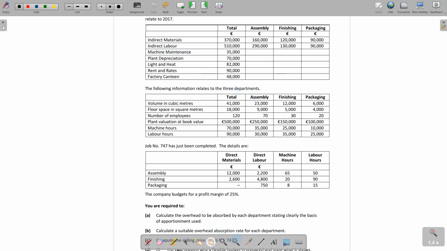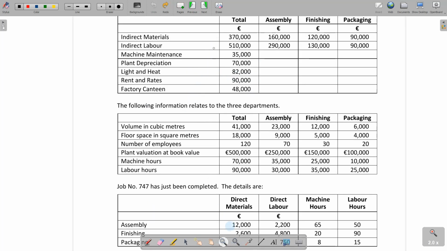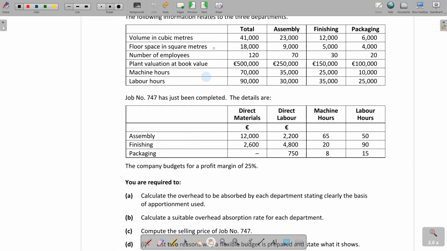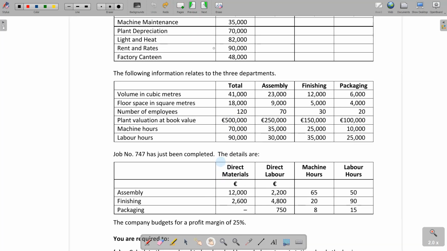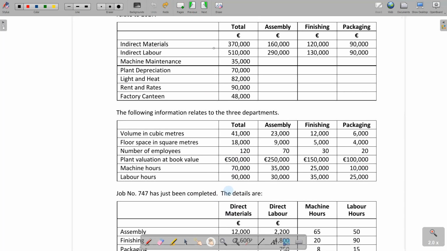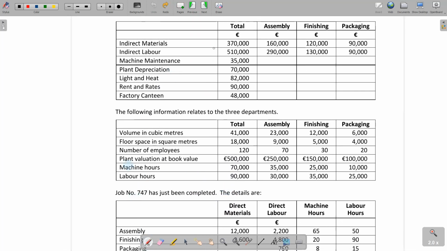So we have to go through each one of these, and the question tells us we have to state clearly the basis of apportionment used. So we have to decide which of these metrics we should use to get a rate for machine maintenance.